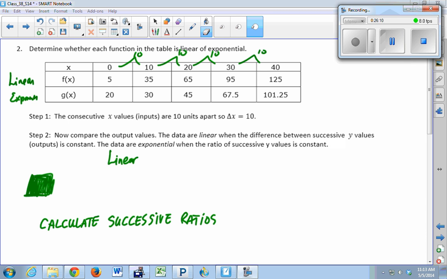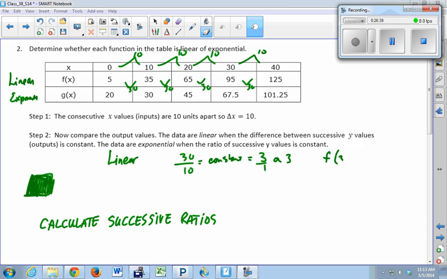So the change in our output, our successive outputs for f is 30, so that's constant. So we know that that 30 to 10 is constant. It is the same as 3 to 1, so that's a linear function. So the difference between our successive values for the function f is constant.